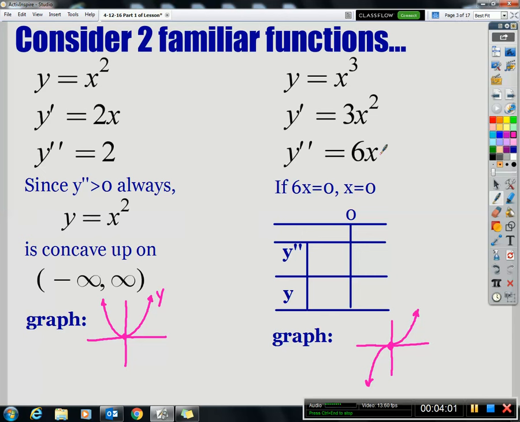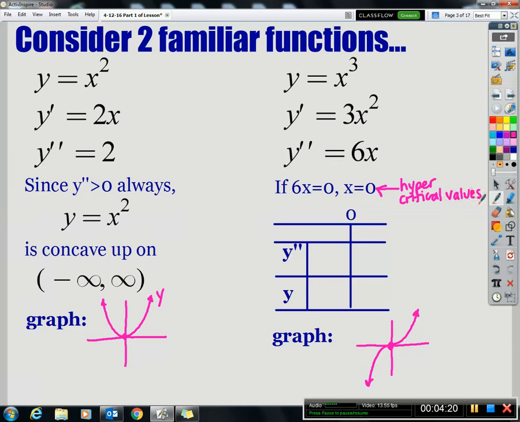Now, the second derivative is 0 if x is 0. This is called a hypercritical value. Just like figuring out when y prime equals 0, you're finding critical values.